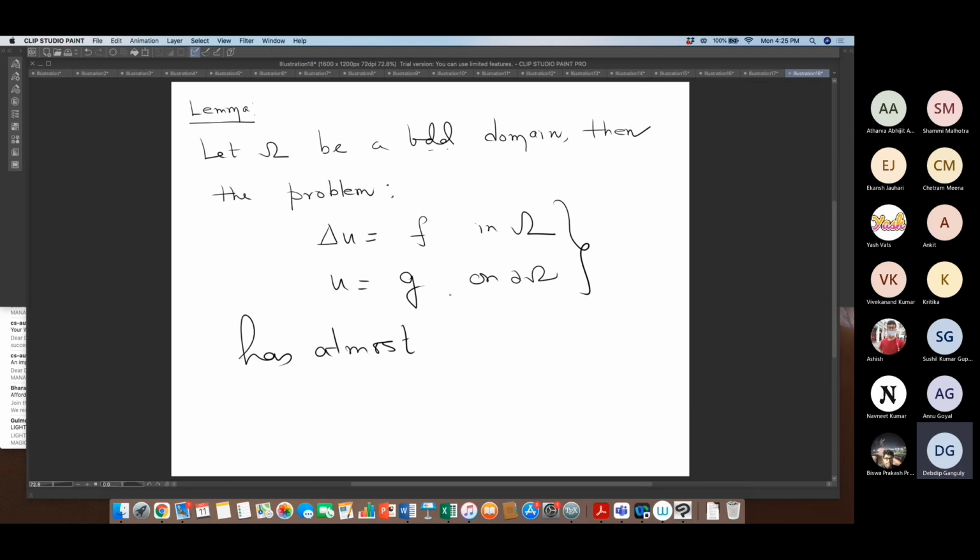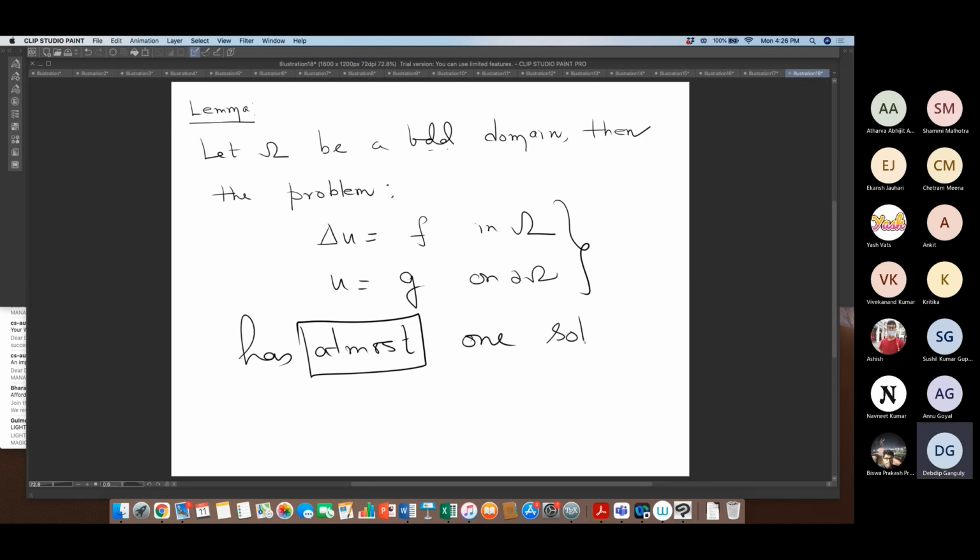If the solution exists, then it has to be one unique solution. It might be possible that this equation has no solution. We'll see some example. At most one solution. That is why I said at most. If the solution exists, then it has to be unique. It might happen that there does not exist any solution.